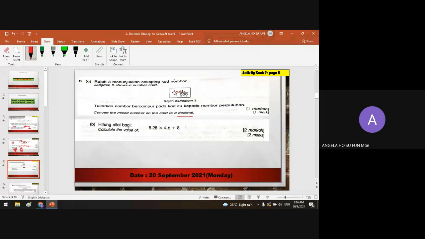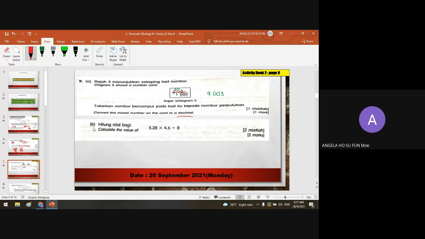Then I put a decimal point here, right? Then after that, there are 2 empty places here, so I can put a 0 here, and add 0 here. So your answer will become 9.003. Okay, 1 mark is very easy only. Just shift your decimal point.